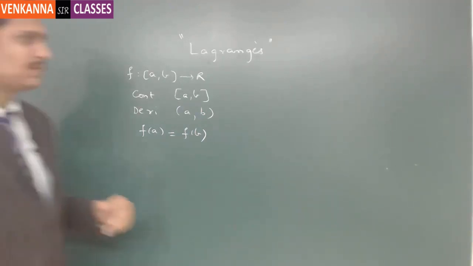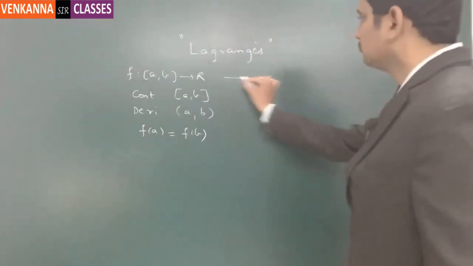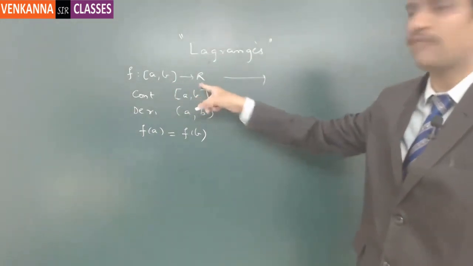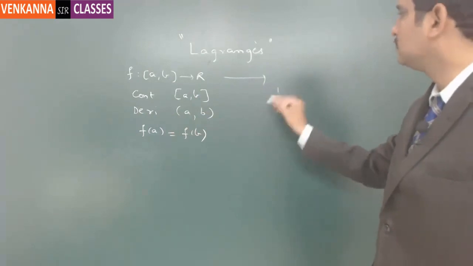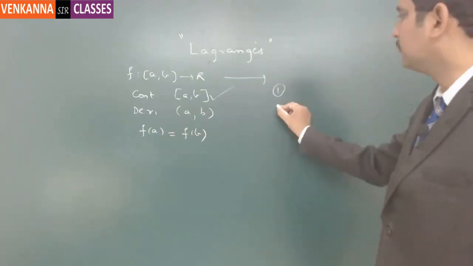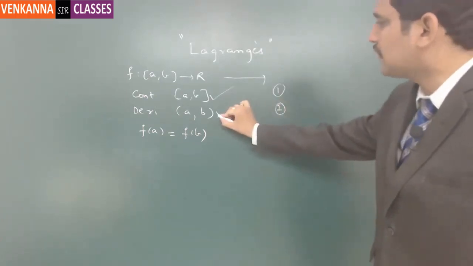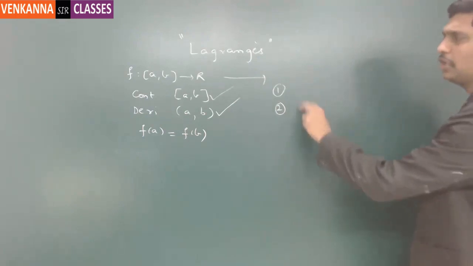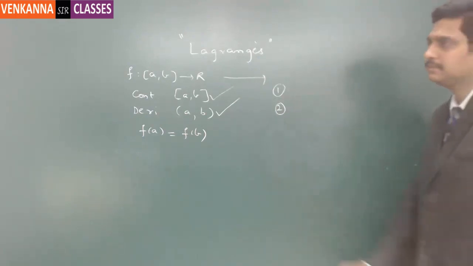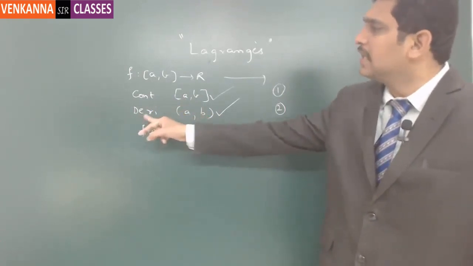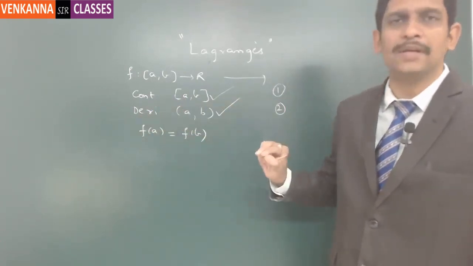Coming to Lagrange's mean value theorem, you consider the same function f from closed interval a b to R, and f satisfies the continuity property and the derivability property. So here we are taking only 2 properties, not 3. f is continuous on the closed interval a b, f is derivable on the open interval a b.